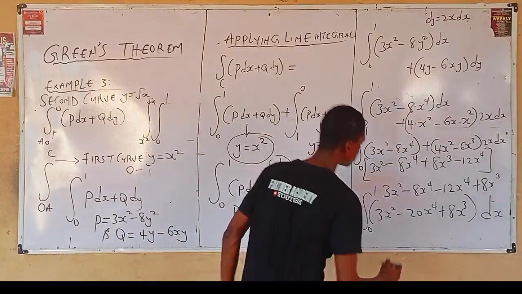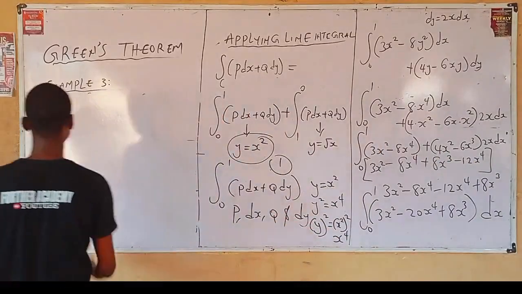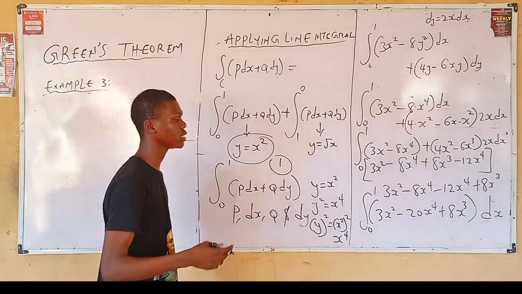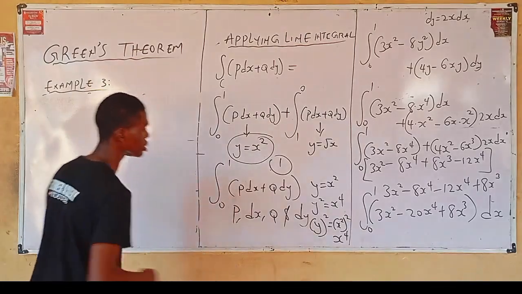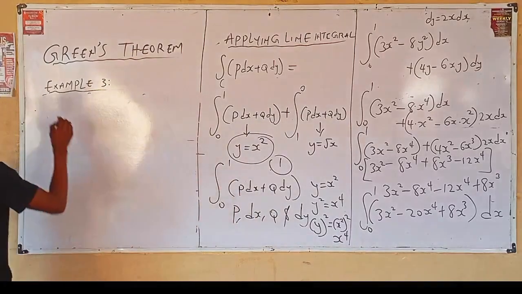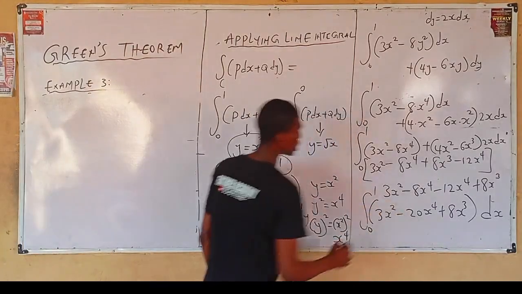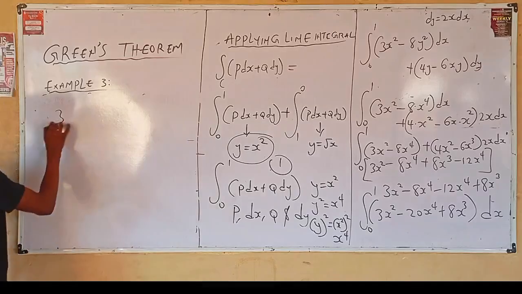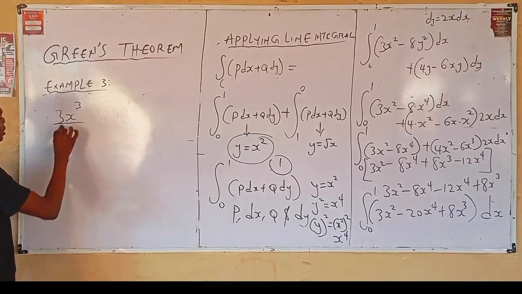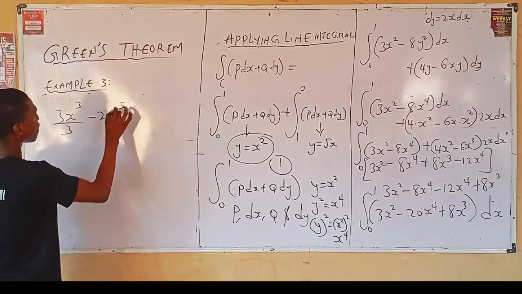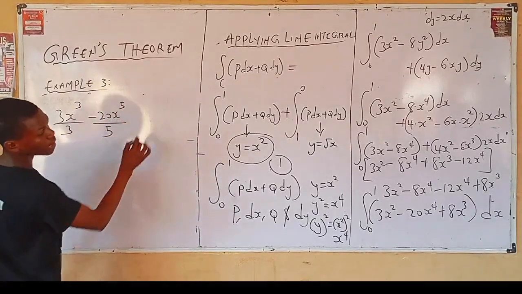By the time you integrate, applying the general form of integration, add 1 to the power, then what you've added, divide by it. So I have the first one, I'm seeing 3x squared. That becomes what? 3x cubed over 3, negative 20x raised to power 5 over 5, right?